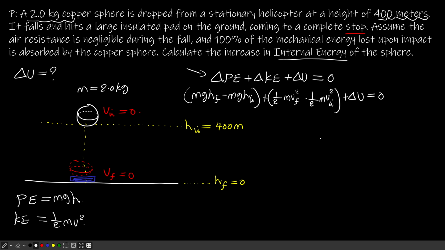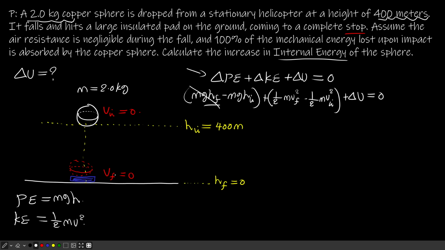Okay, pay attention. We see that the final height is 0, right? That means this term will be just 0 or cancels out. Now mgh initial is not 0 because g is a number, and we have the mass, so we cannot cancel it. Now, 1/2 mv squared final and 1/2 mv squared initial: initially it has 0 velocity because it's in our hands before we drop it.